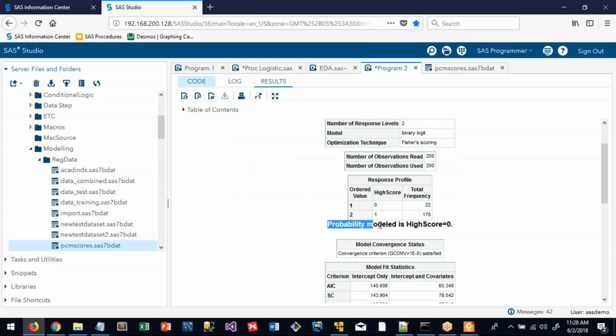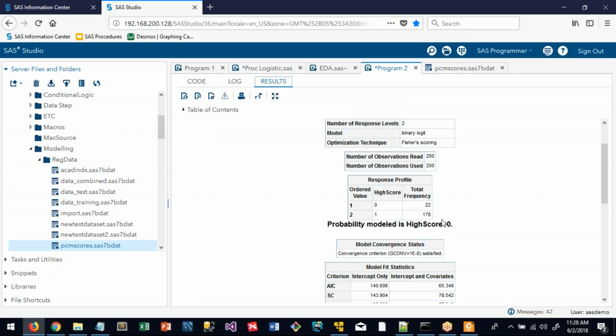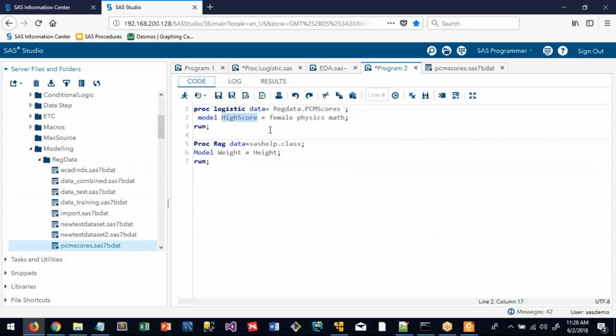Firstly, just see this thing changes here: Probability modeled is high score equals 0. This means now it is trying to predict whether these three variables lead to not a high score, because high score value equal to 0 meant it is not a high score.